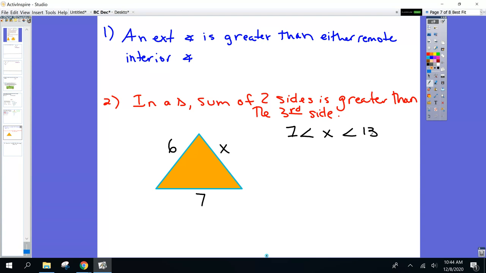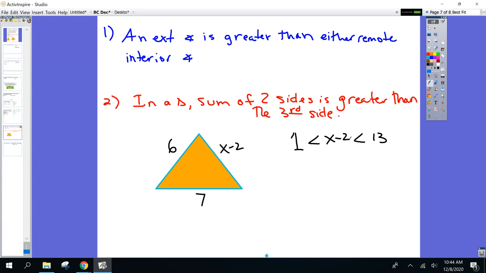Everybody all right there? Also, I could do this tomorrow. Still give me possible values of X, but that third side is going to be X minus 2. So if you still give me between 1 and 13, that's wrong. Those aren't possible values of X. Those are possible values of X minus 2, the third side.